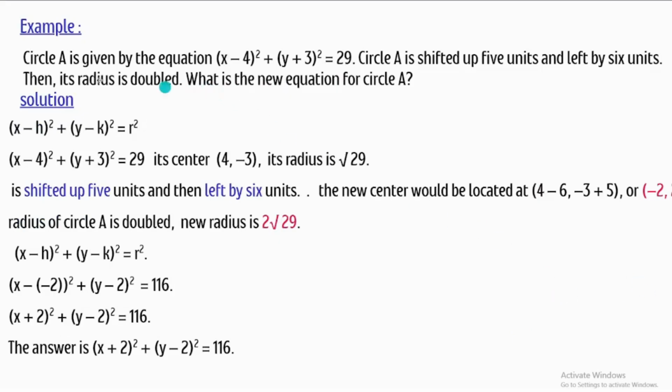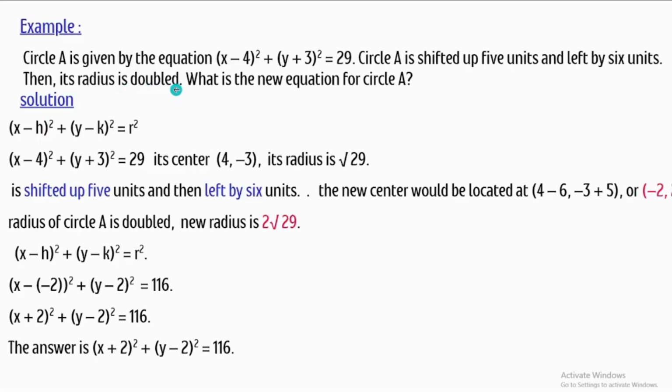This is another example. Circle A is given by the equation x minus 4 squared plus y plus 3 squared equals 29. Circle A is shifted up 5 units and shifted left by 6 units. Then its radius is doubled.